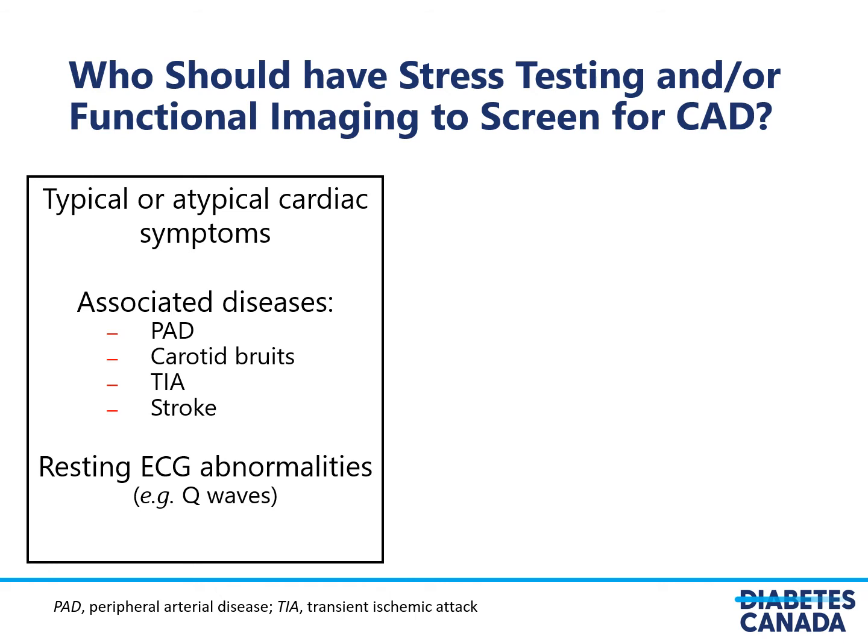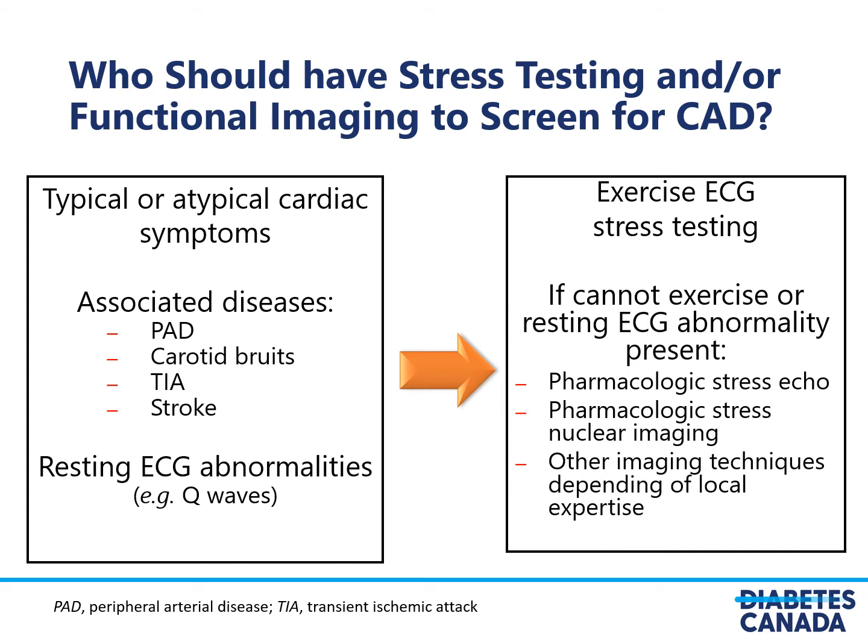Who should have stress testing and/or functional imaging to screen for coronary artery disease? Well, if a patient presents with typical or atypical cardiac symptoms, or if they have associated diseases such as peripheral arterial disease, carotid bruits, transient ischemic attack, or stroke, or patients with resting ECG abnormalities such as Q waves, those individuals should undergo functional imaging, which typically would start with exercise ECG stress testing.